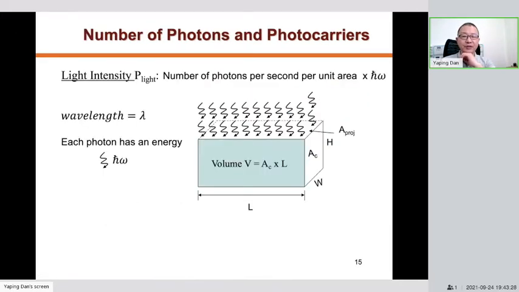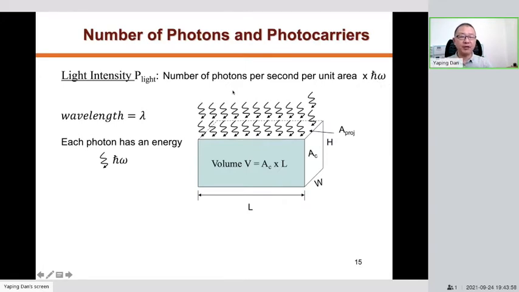Now, the next thing is the number of photons and the photocarriers, and how we calculate that. First, we have to understand what light intensity is. Light intensity is defined as the number of photons per second per unit area, times the energy of each photon.